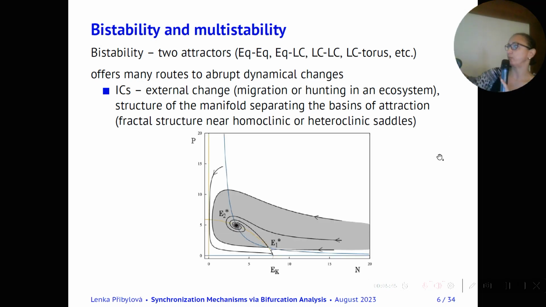So this is an example from our paper, one of my students and me, and it's a typical example where we explained that the predator has some inner Allee effect, because when you go below the shaded region, you lose the basin of attraction of the inner equilibrium, and the predator goes extinct. This is a very easy example.